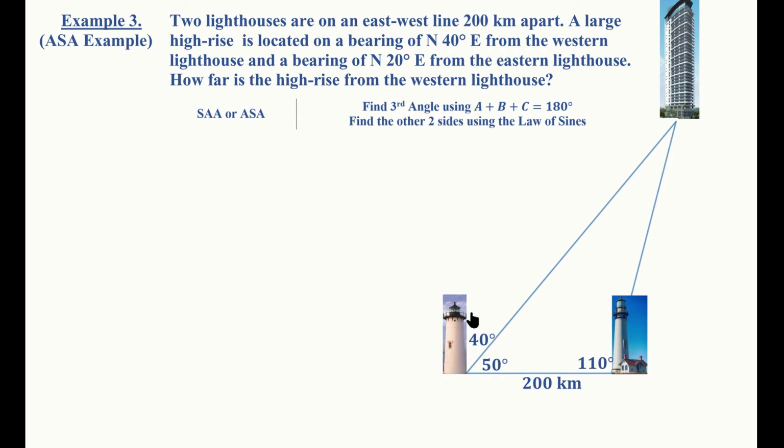So that means you have to imagine a north-south line and then go 40 degrees east from that. And relative to this one, it's at north 20 degrees east. So again, you draw a north-south line at that point and then 20 degrees eastward. So we want to know how far the high rise is from the western lighthouse, so this one.